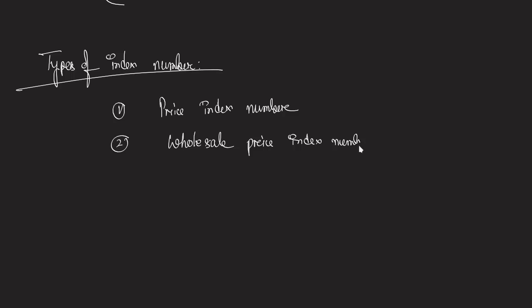and number 3 is retail price index number. These two are wholesale and retail, and these are basically types of price index number.